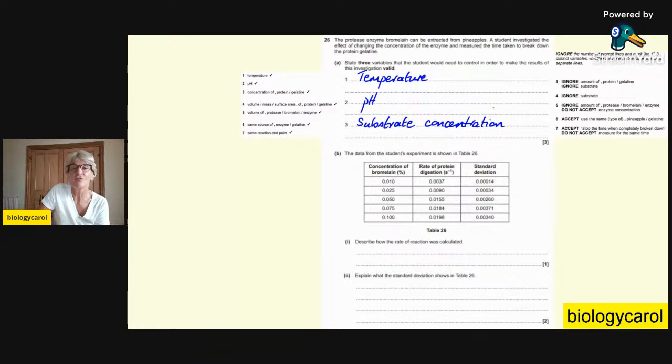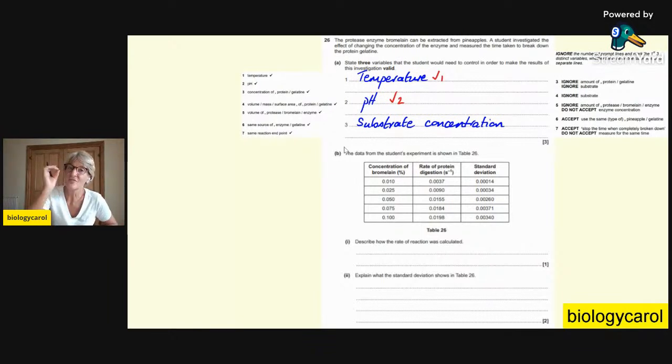Now this was a rookie error. I got mark 1, I got mark 2. I didn't get mark 4 because I just used the standard term, substrate concentration.